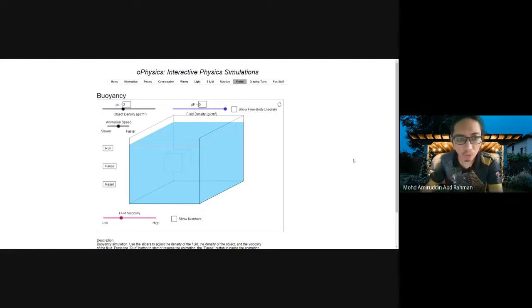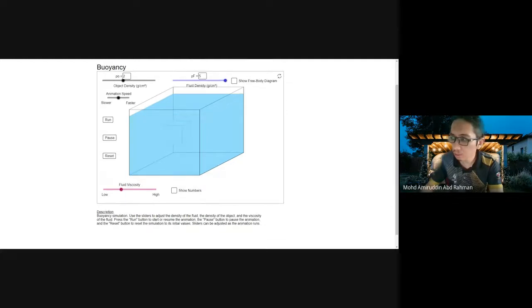Okay, so first we run the simulation. We change the density of the object. For example, over here we can change the object density to whatever we want, and also here we can change the animation speed, whether it's slow or fast. For example, I change it to 4 and I run it.